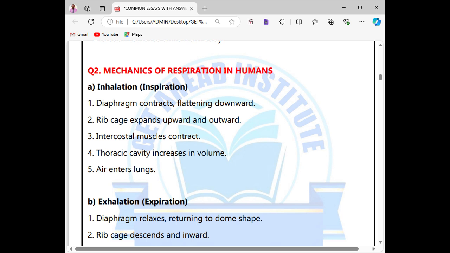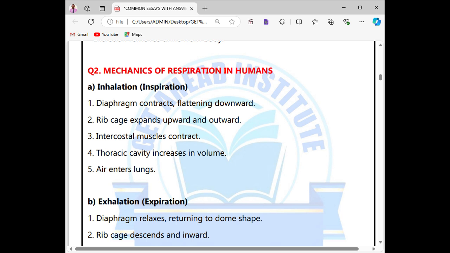Some questions in line with the same mechanics can tell you directly to address inspiration and expiration, or they can just leave it like that. If you don't know that you're supposed to talk about inspiration and expiration, you start talking about unnecessary things.